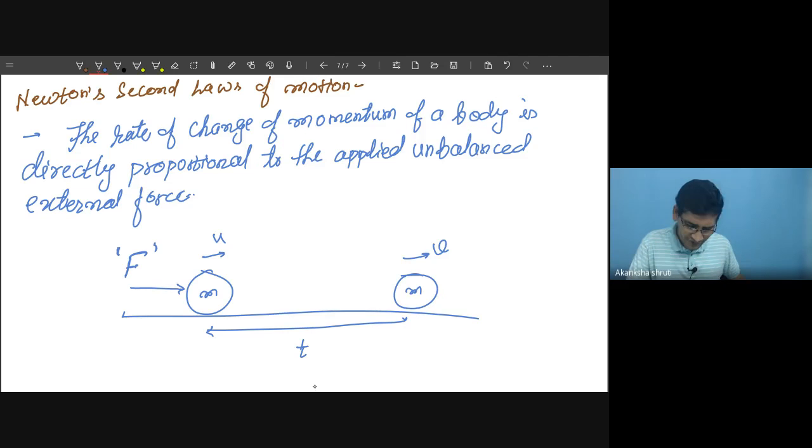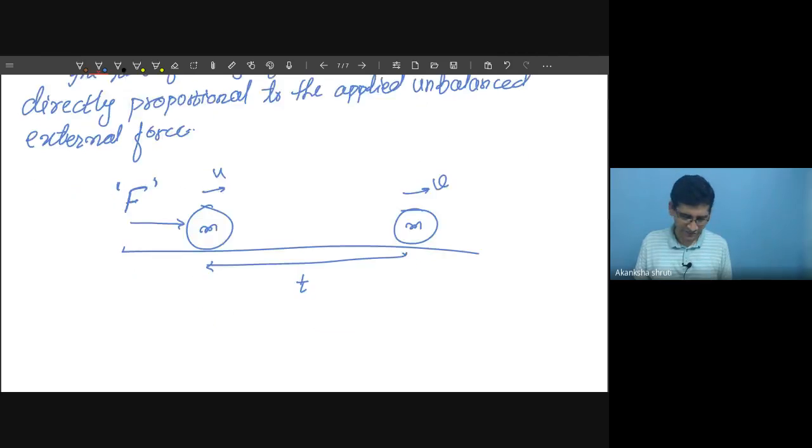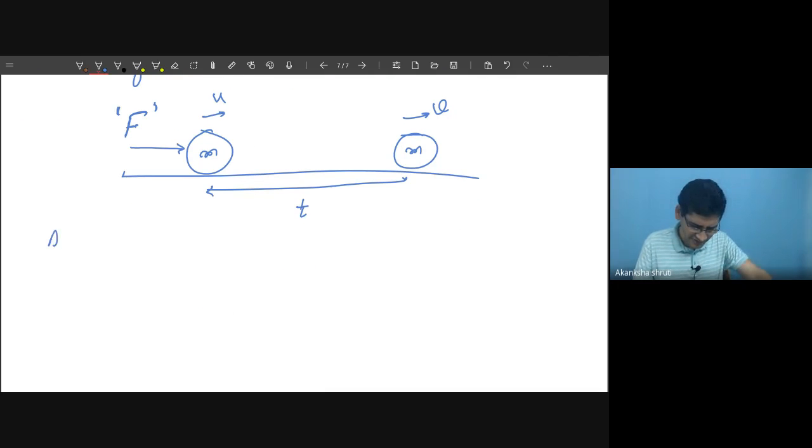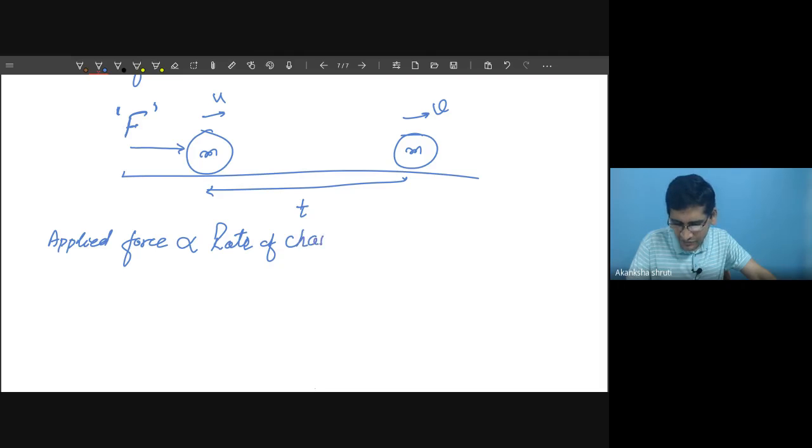And the value of this force can be calculated by taking the initial momentum, final momentum, and the time, meaning measuring the rate of change of momentum. So write: applied force is proportional to, the proportional sign, the rate of change of momentum.